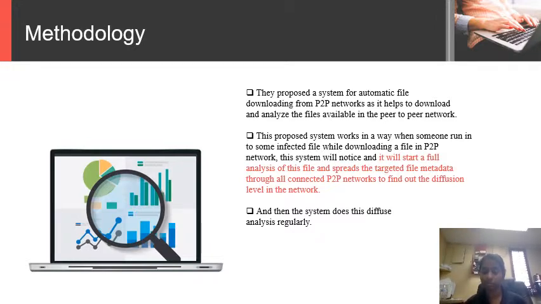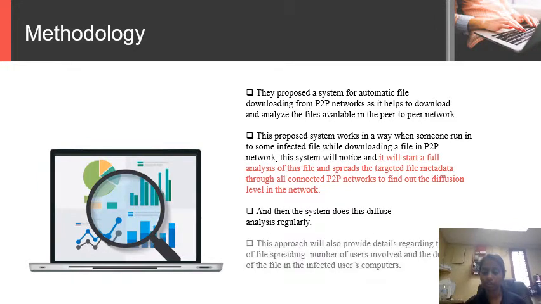And then the system does this diffusion analysis regularly. This approach provides details regarding the number of files spreading, number of users involved, and duration of the file in the infected user's computer.